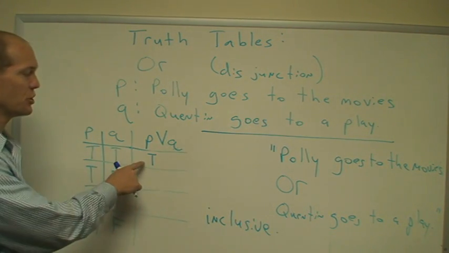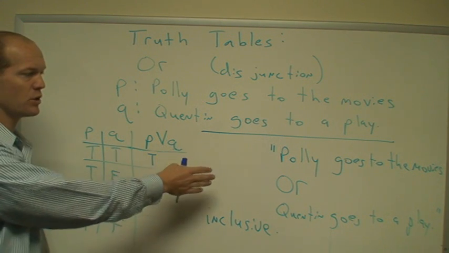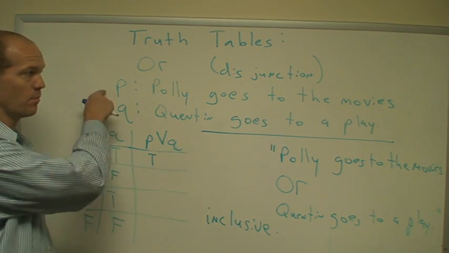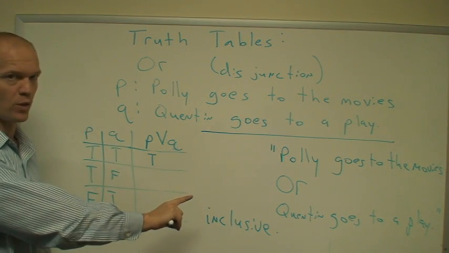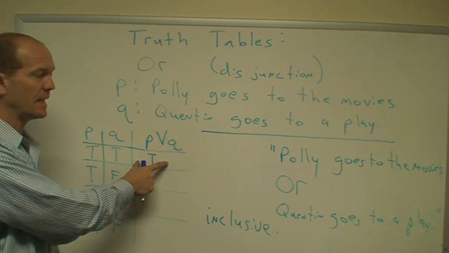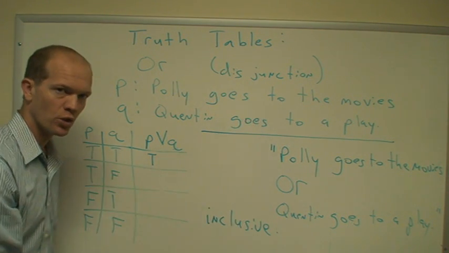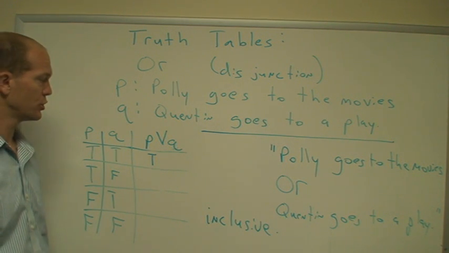And we're going to consider the statement true so long as one of them occurred. In particular, both of these things actually occurred. We're going to say the or statement is true. We're going to put a true here in the truth table. This is, again, the inclusive or. If either of them occurred, the or statement is true.